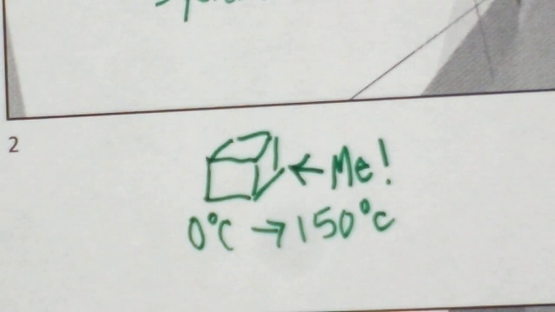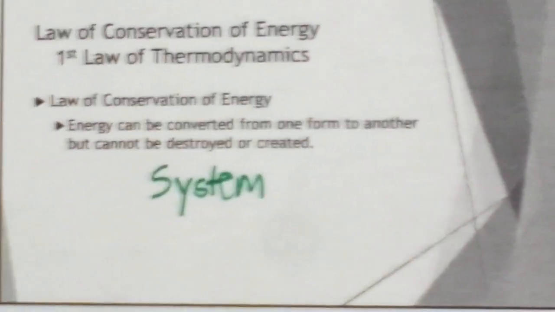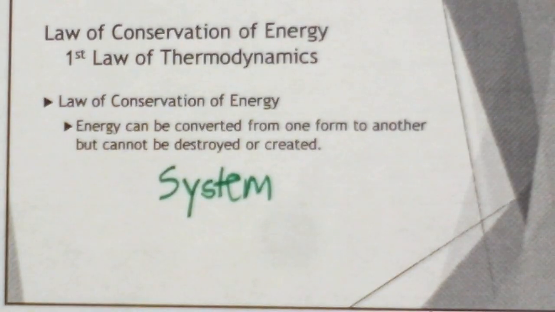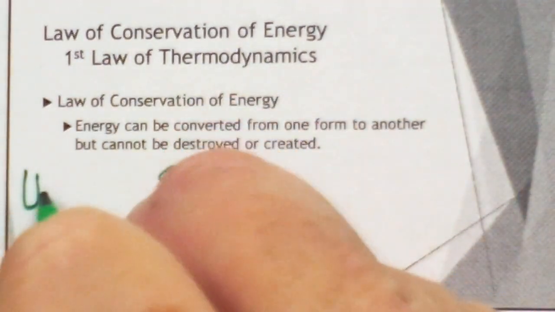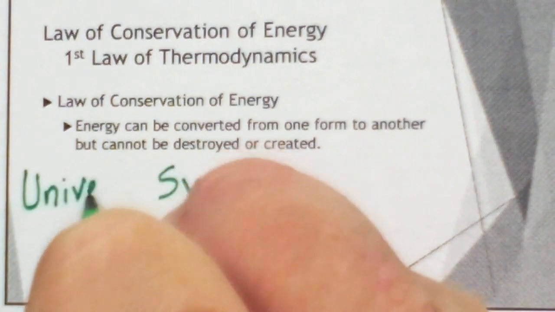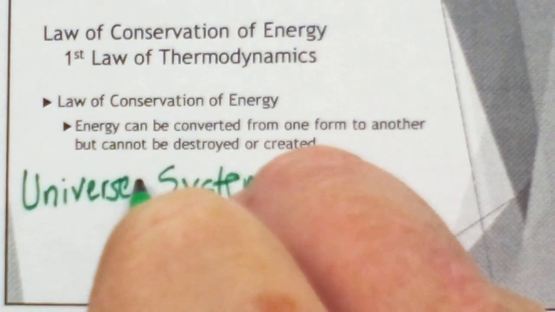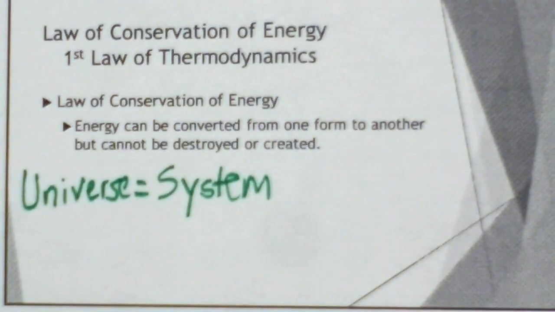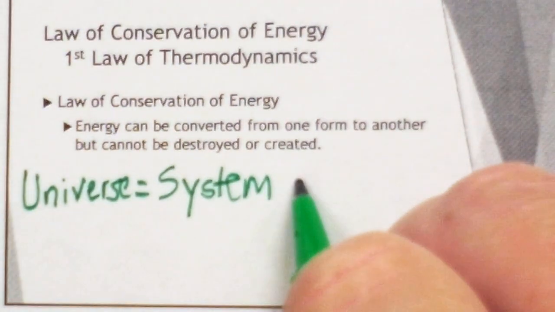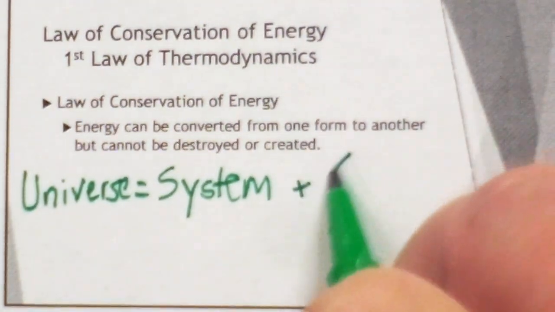So now what I want you to think about is, when we think about the law of conservation of energy, and we think about the first law of thermodynamics, we're also talking about two other things. We're talking about the universe. And the universe is equal to the system, me, plus the surroundings.